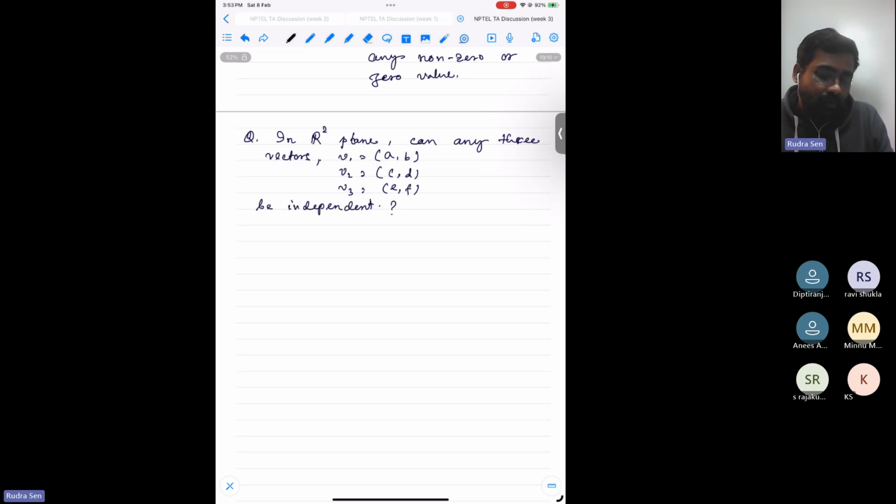The question is, in any R2 plane, if we choose any three vectors, can we say that all these three vectors are independent with each other? Is it possible?